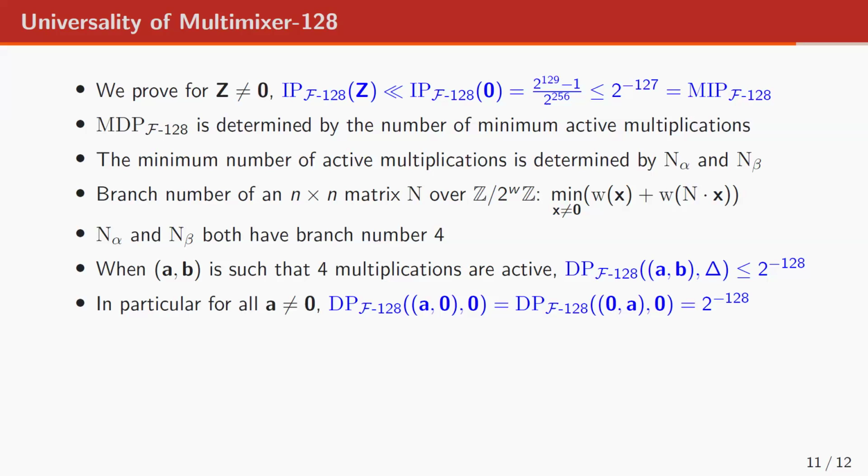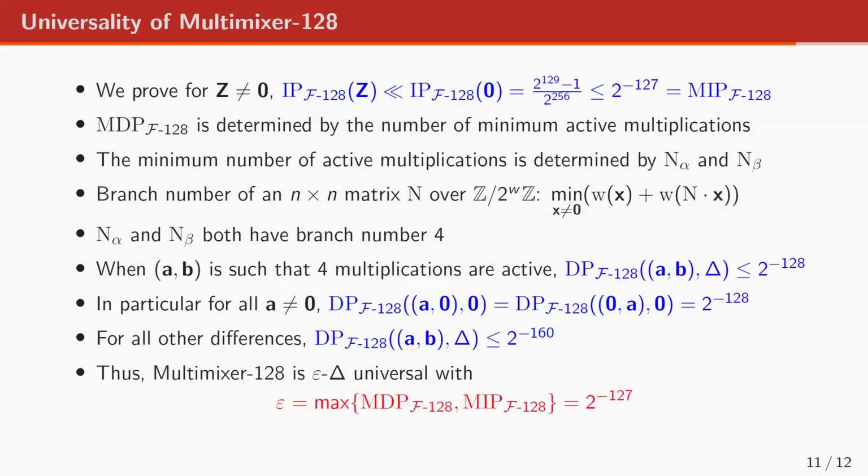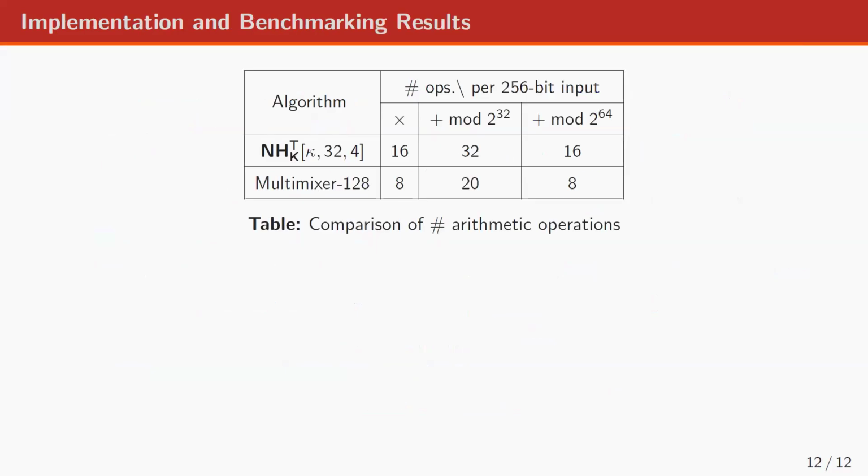This is not an upper bound, this is an equality. And finally, we also show that for all other possible input differences, the DP is smaller than 2 to the power of minus 160. This means that Multimixer-128 is epsilon-delta universal, where epsilon is the maximum of MDP and MIP of the public function F128, which is 2 to the power minus 127 from the MIP of F128.